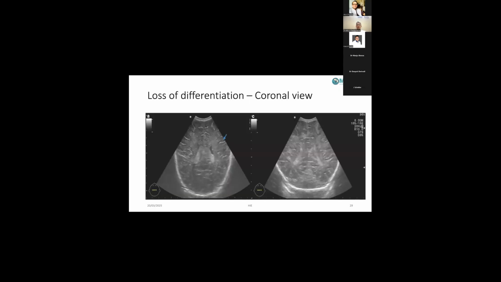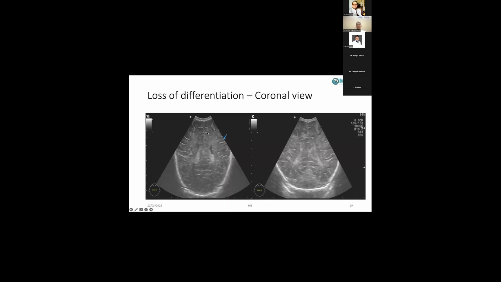Okay, so loss of differentiation in coronal view. Just look at this image here. This is a normal baby, angling your probe to the posterior side of the brain, and you can see it's a term baby because of a lot of gyruses and sulcuses. Just be aware that the sulcus in cranial ultrasound is reflective, and that's what gives hyperechogenicity.